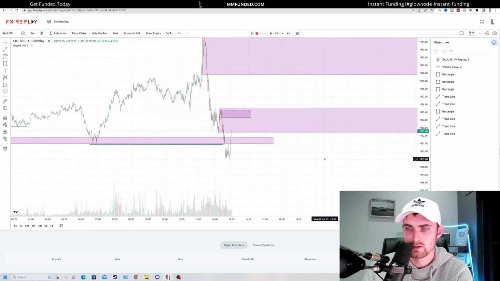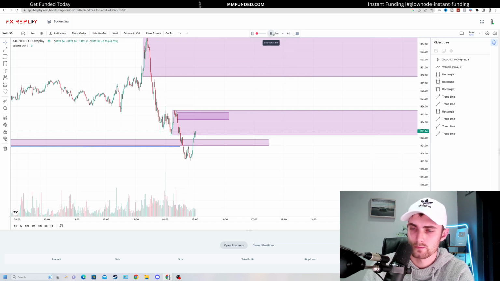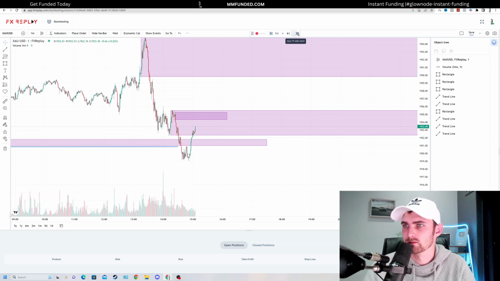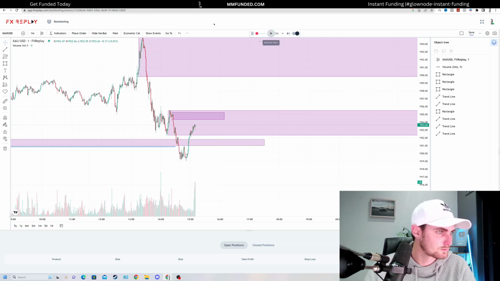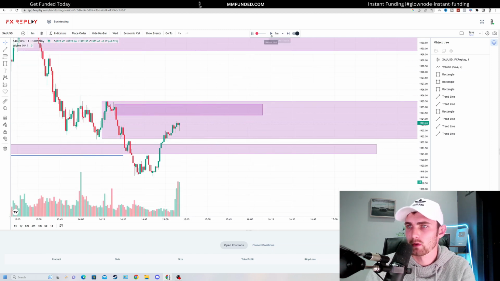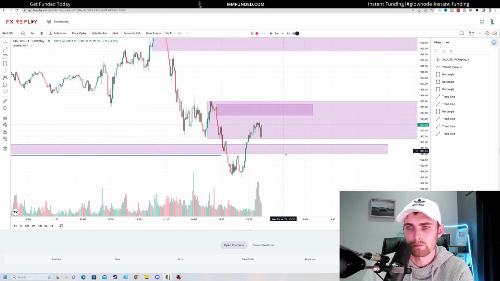All right, so let's continue price and see what we get, to see a little bit more liquidity build up for this zone before I would enter. Yeah, basically such as that.